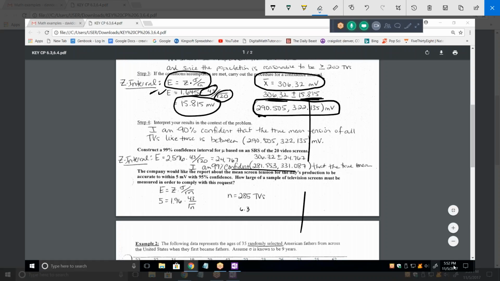I'd have to go through my book again. But it's important to word it this way, that you're 90% confident that the true mean, which is mu, is in that interval. Construct a 99% confidence interval.